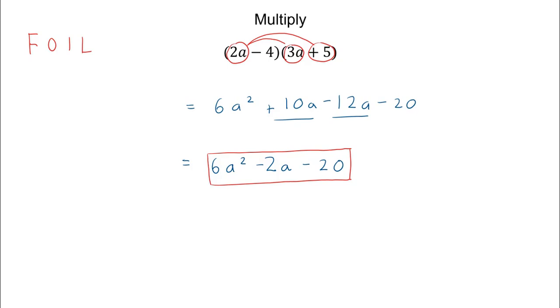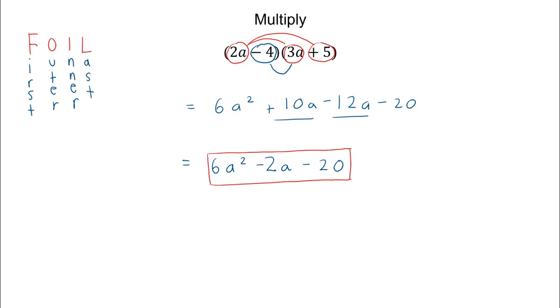The I stands for inner, which is a reminder that we need to multiply the two inner or inmost terms together. And the two inner terms are -4 and 3a. And then last but not least, the L stands for last.